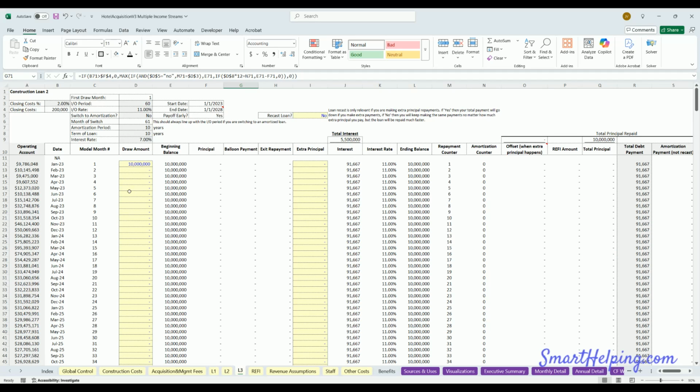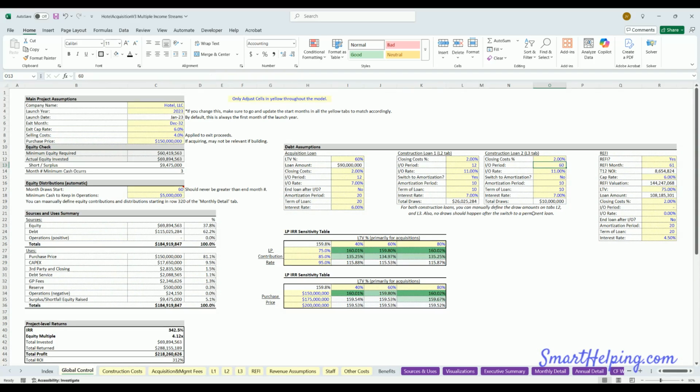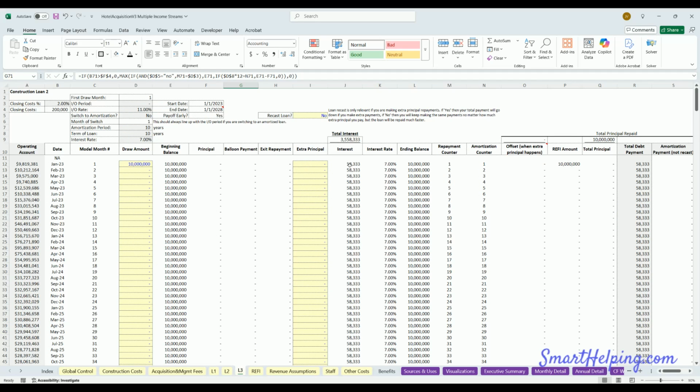And you could line that up with your refi if you want, or if it's not an interest only period, you could put 0 here, and it could just be a regular amortization loan. So you can see 10 million.